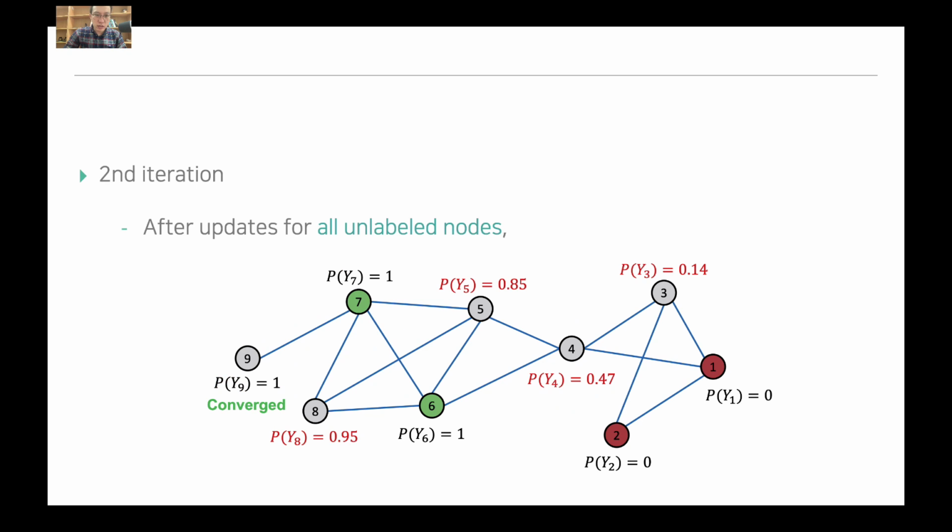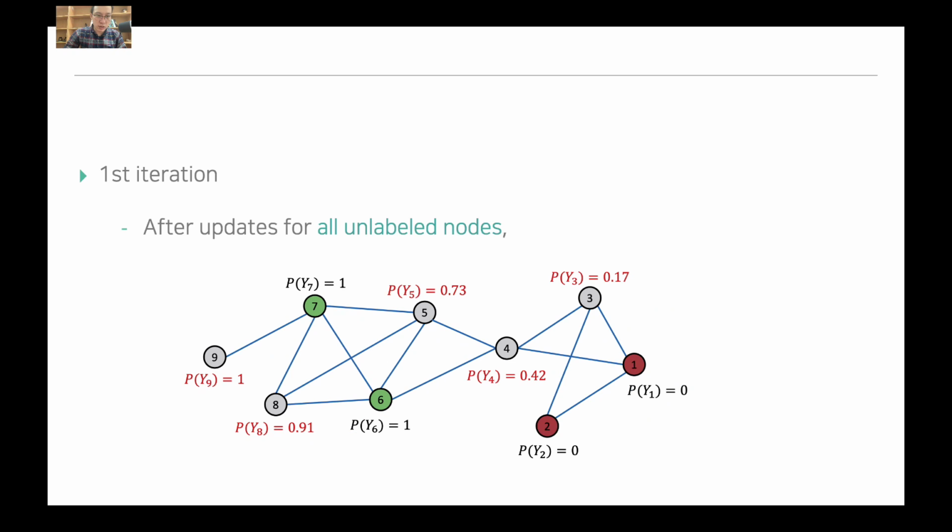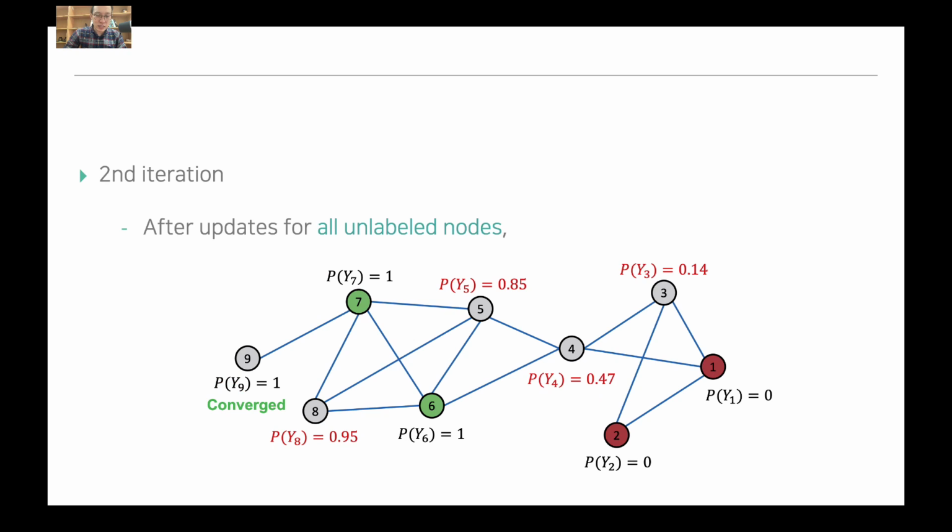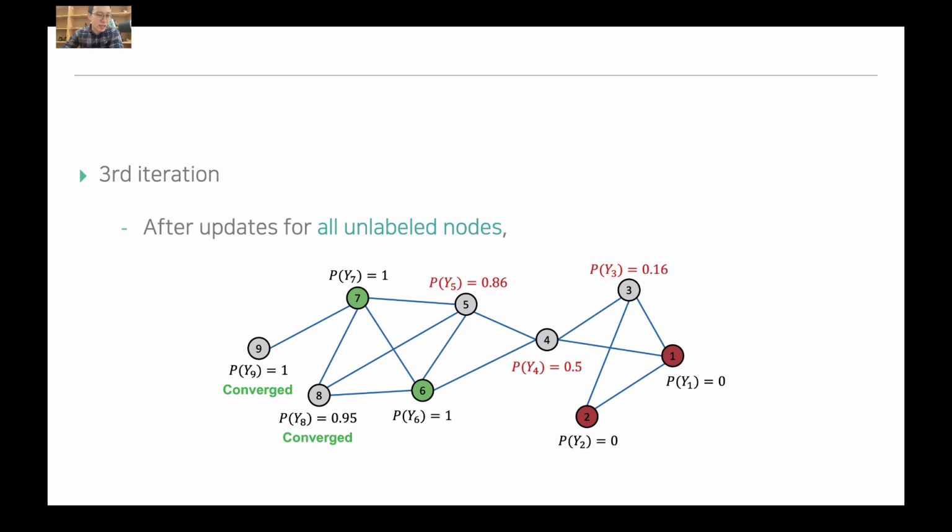The second iteration, when we finish it, we see that compared to the first iteration, the probability of node 9 is the same as before. So we can determine that it is converged. And in the third iteration, the probability of node 8 is the same, and we can also think, oh, it is converged.